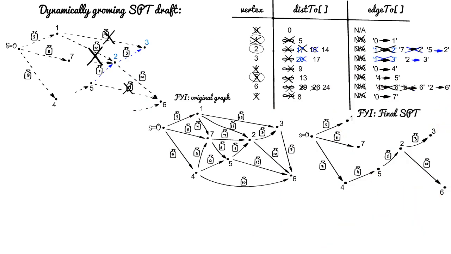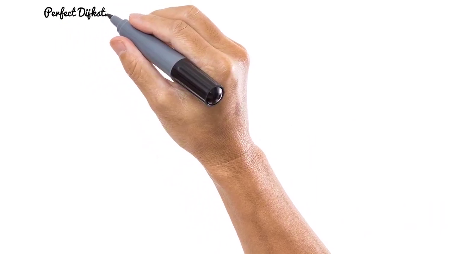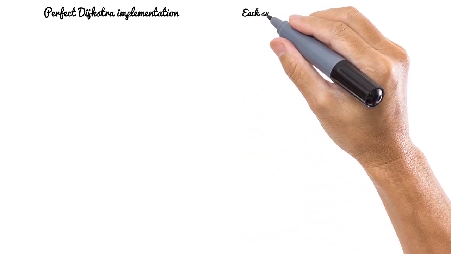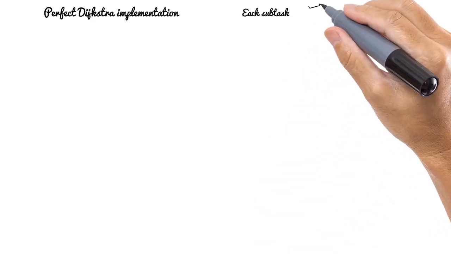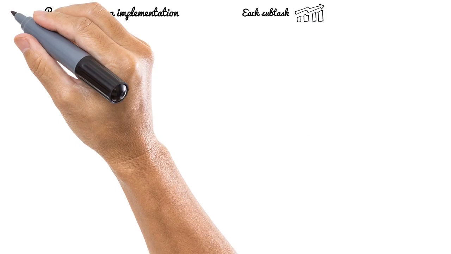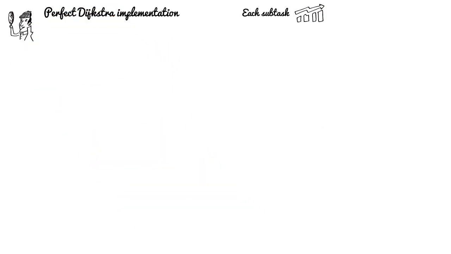One more thing to perfect our Dijkstra algorithm implementation topic. Remember the reduction technique to separate an overall task into subtasks and solve each one in the most effective way. Let's not reinvent the wheel and look for the best practices.